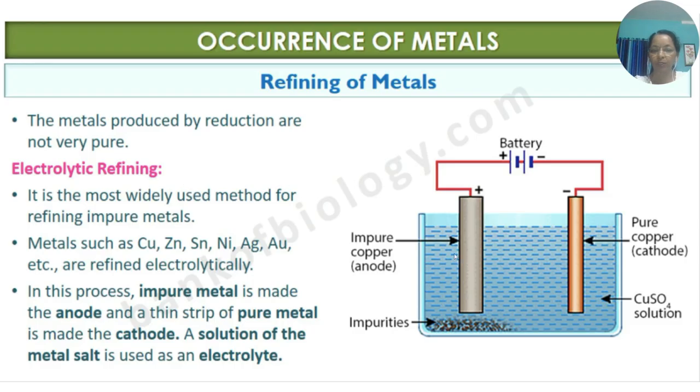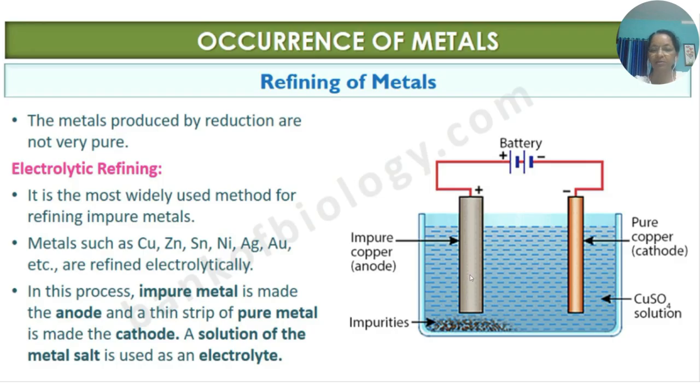What we have to do is take the impure metal as the anode and a pure metal of the same kind as the cathode, with that metal's salt solution as the electrolyte. If it is copper, copper sulfate solution, or if it is silver, silver cyanide, like that.